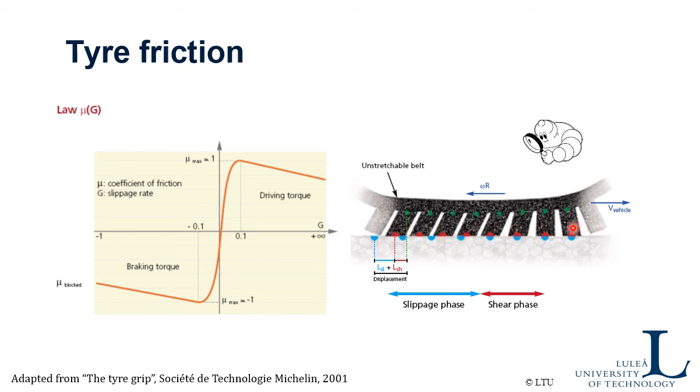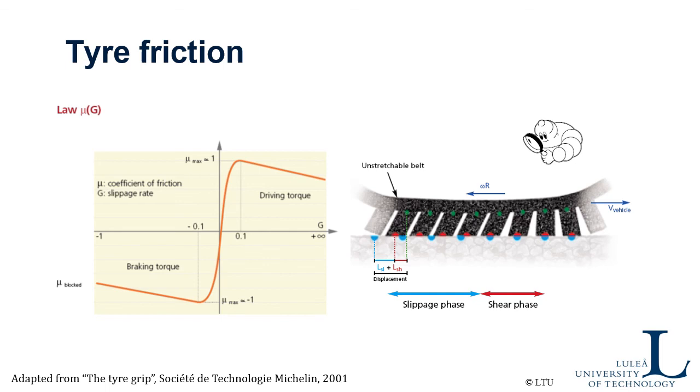So here it sticks, here it starts to be deformed more and more because the road is moving faster, and eventually we reach the limit of sliding friction or sticking behavior here, and from here until the very end of the contact, the thread block is sliding in contact with the road. So it doesn't really matter if you are braking or accelerating. It's just a deformation in the other direction if you do that.